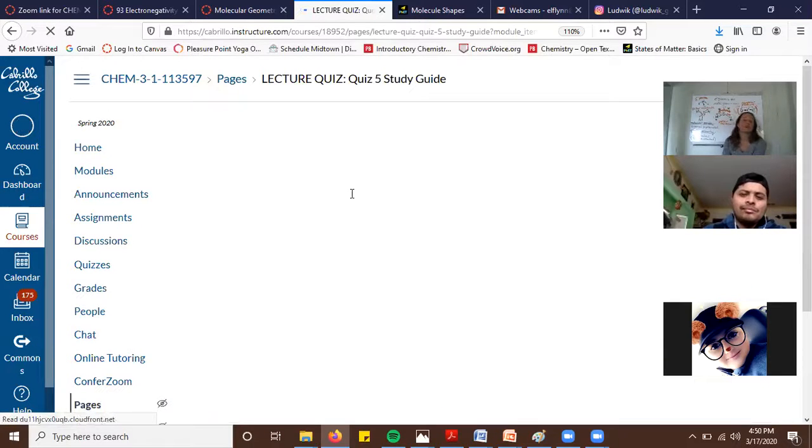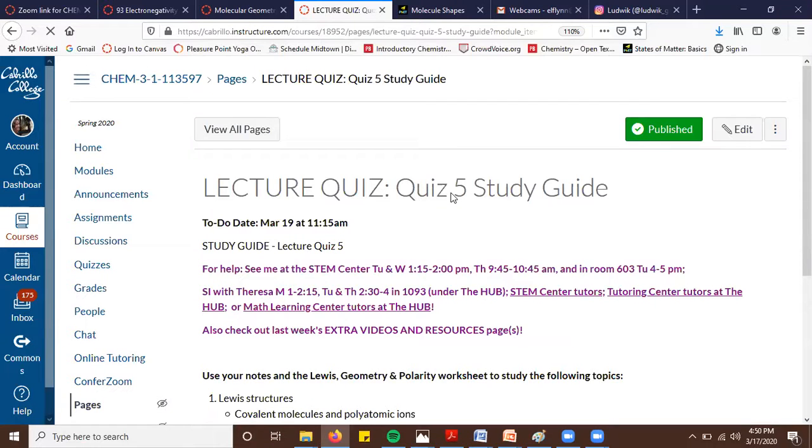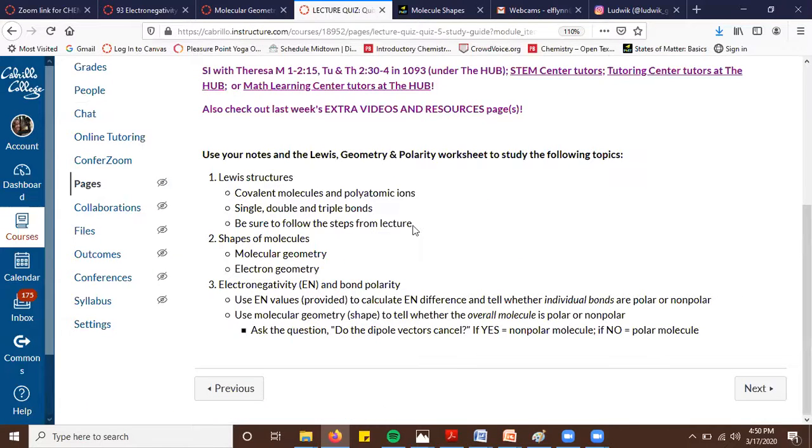There are 3 electron geometries, and I think that's doable for sure. Lewis structures: making sure you know how to draw them for polyatomic ions too, like we did for nitrate, nitrite, and another couple ones that are on there.